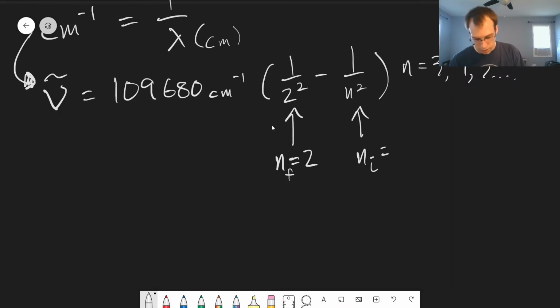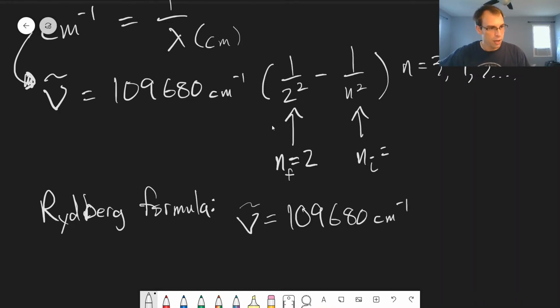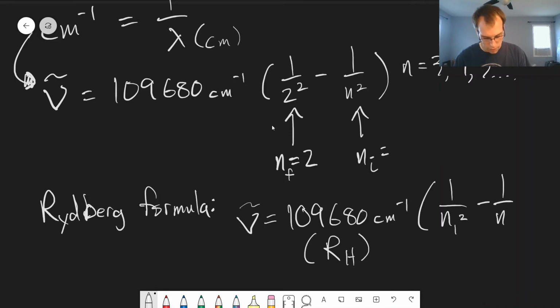The general equation, what's known as the Rydberg formula, is that the wave number is equal to the same constant that Balmer found, 109,680 wave numbers, known as RH, the Rydberg constant, times 1 over n1 squared minus 1 over n2 squared, where n2 will be bigger than n1.